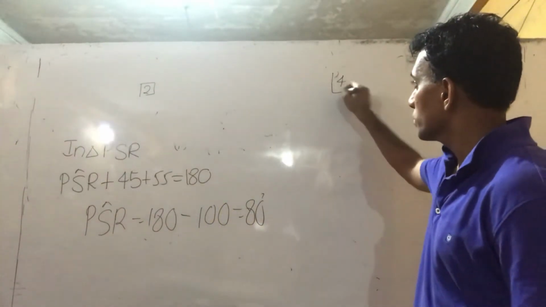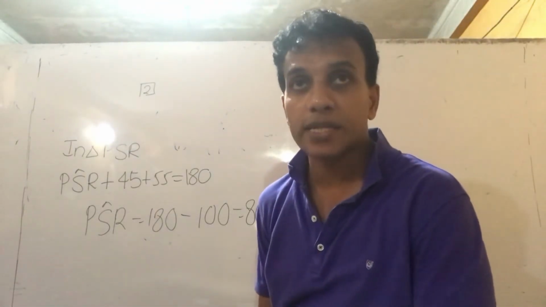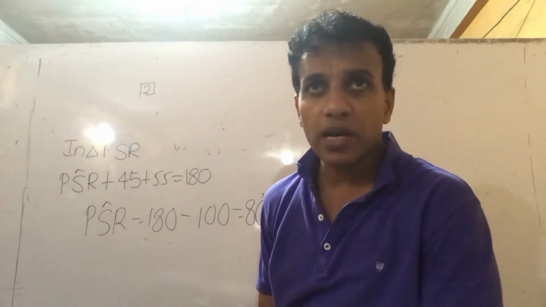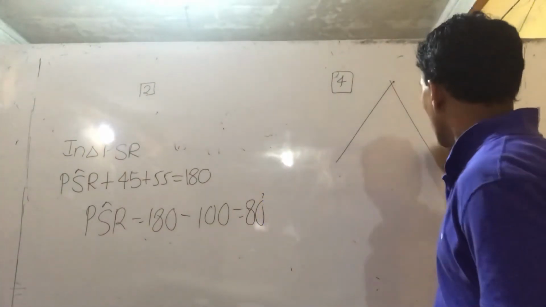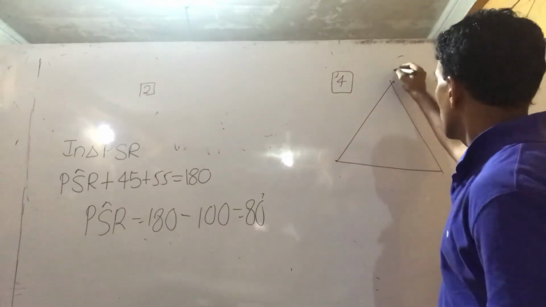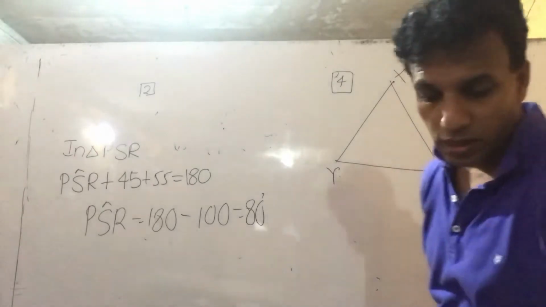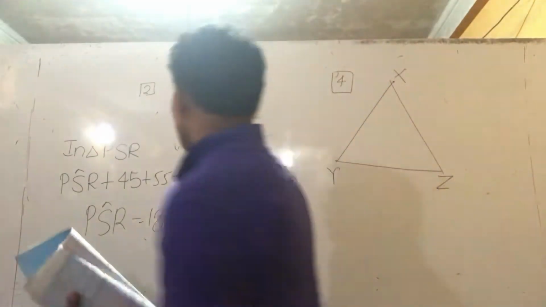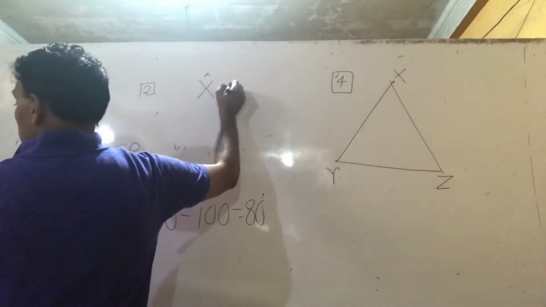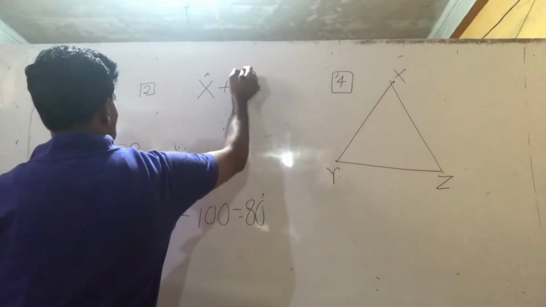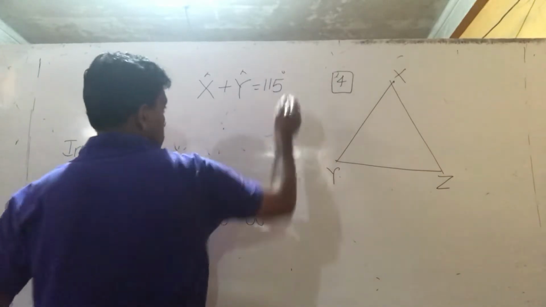Question 4. In the triangle XYZ, so I draw a triangle named XYZ. X, Y, Z. Okay. And they say angle X plus angle Y is 115 degrees.